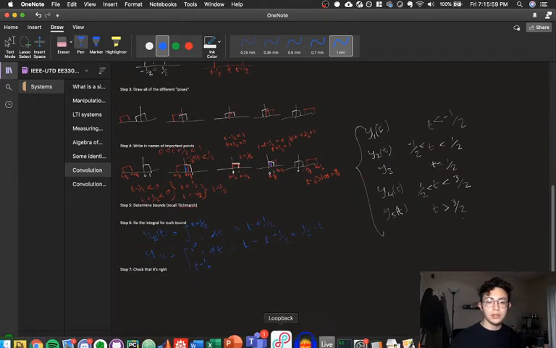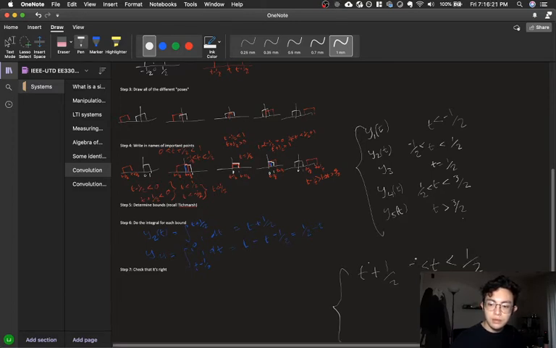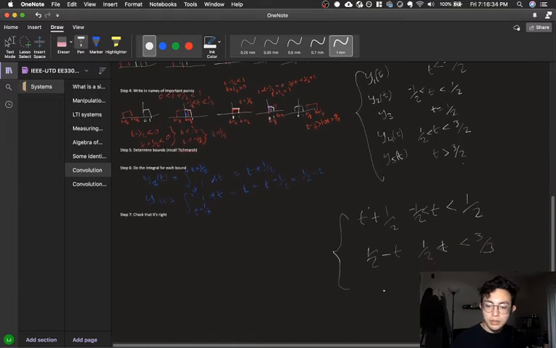Just to write this down, this would be t plus 1/2 for t less than 1/2, and then this would be 1/2 minus t plus t times 1/2, and then it'll just be 0 else.